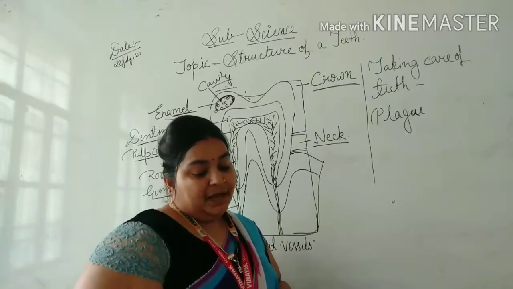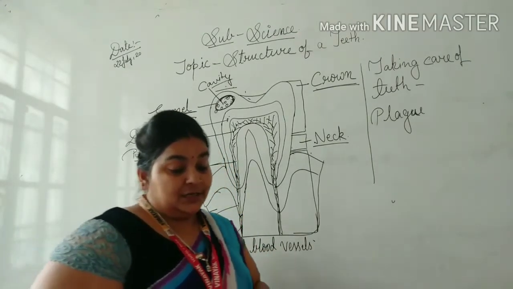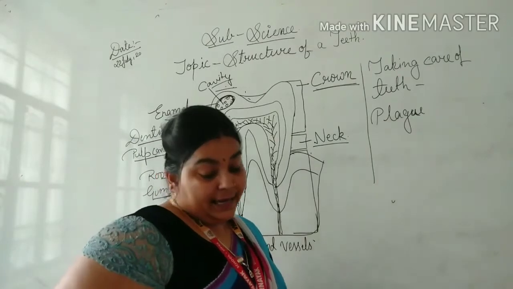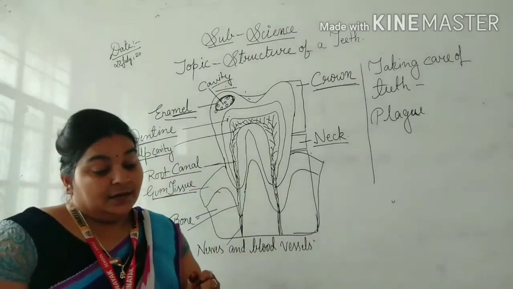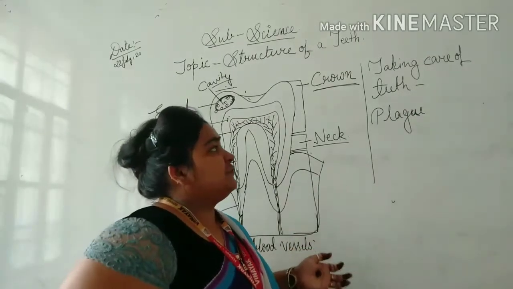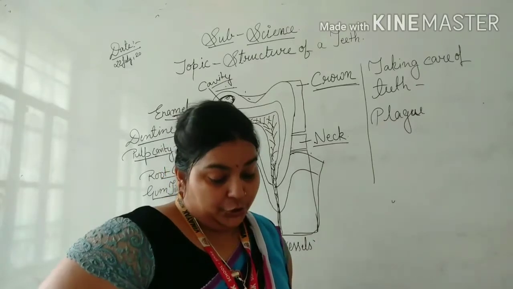Okay? Now eat self-cleaning food such as raw vegetables, carrots, radish, cabbage, fruits, particularly citrus fruits, so that it helps clean our teeth too.